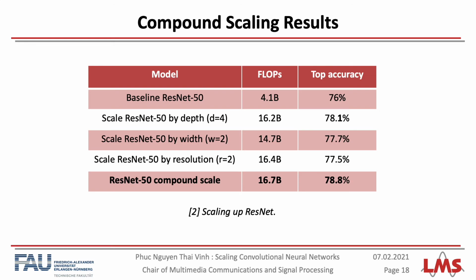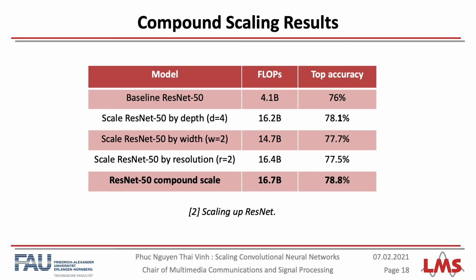As you can see, here is the baseline network, ResNet with 50 layers, and then we scale independently with the depth and the resolution. Here is the highest accuracy before it saturates. As you can see, it cannot go further if we scale only one or two dimensions independently, so we need to use compound scaling.